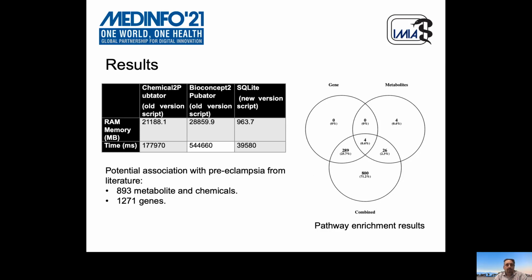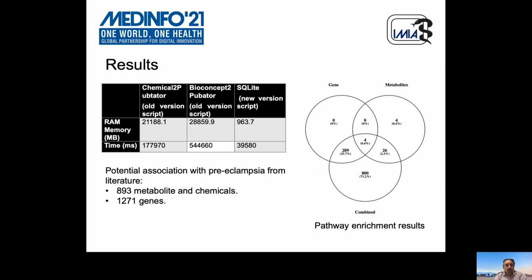From a pathway perspective, we can see on the Venn diagram on the right that the combined analysis, where we merge together metabolites and genes for the analysis in Reactome, is the one that is giving us the highest results. And it takes almost all the pathways that we were able to identify.